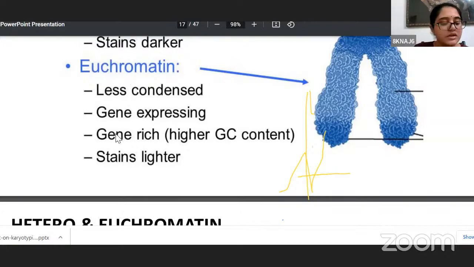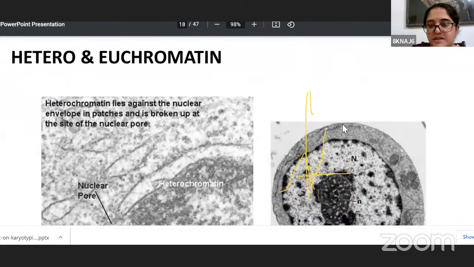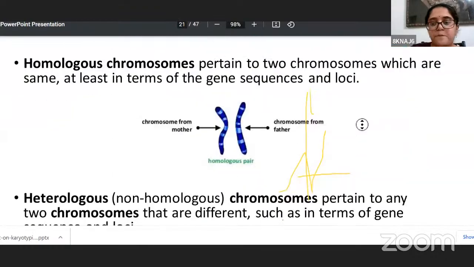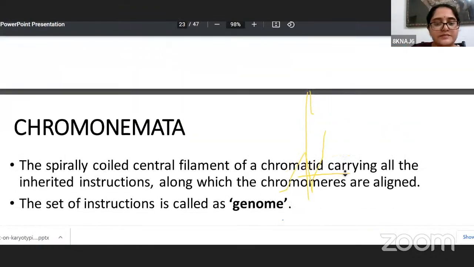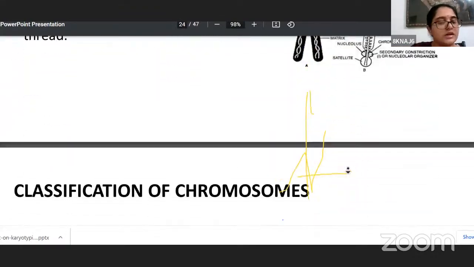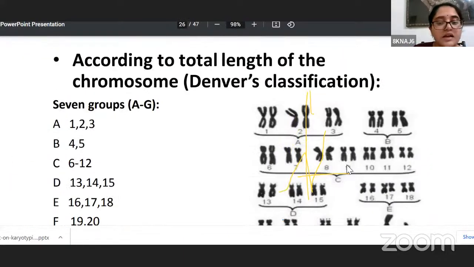When it comes to the nuclear pore complexes, you have different kinds of ribosomal RNA that are transcribed, and once formed, they associate with different ribosomal proteins.